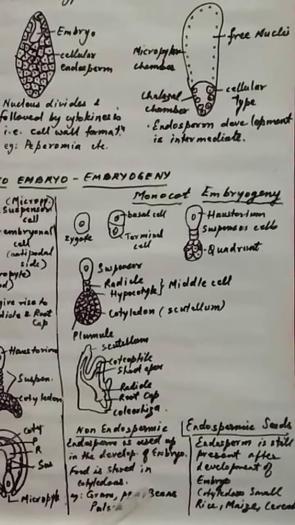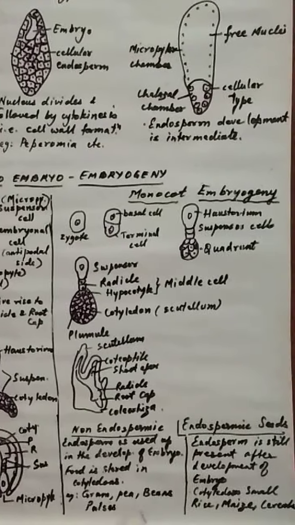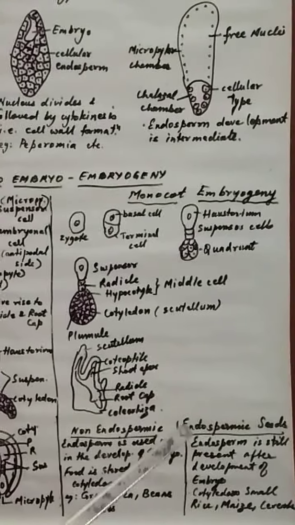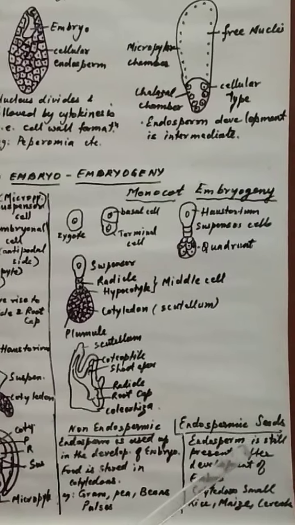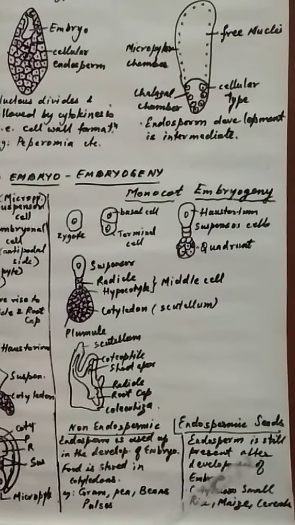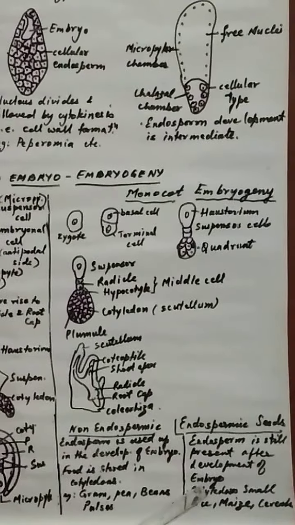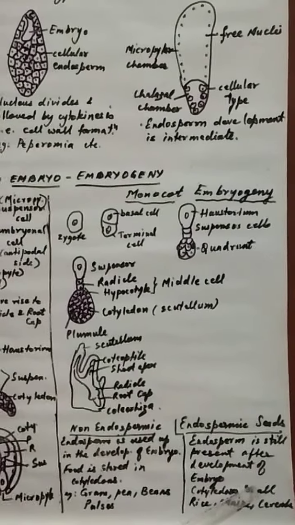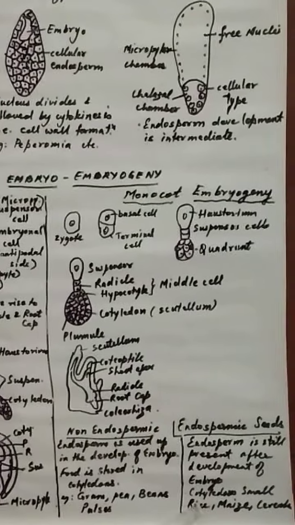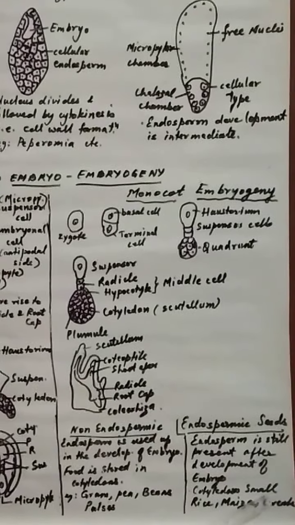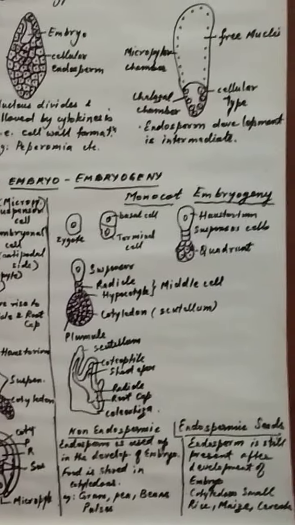Examples are gram seeds, pea seeds, bean seeds, pulses, etc. Endospermic seeds: here the endosperm persists after the development of embryo, and here cotyledons are small. Examples are rice, maize, cereals, etc.